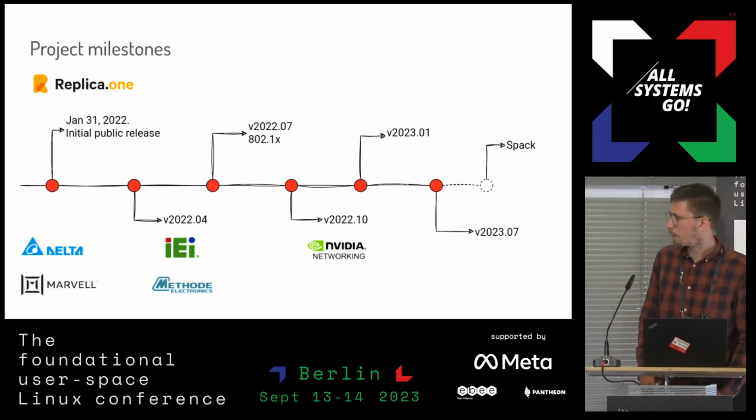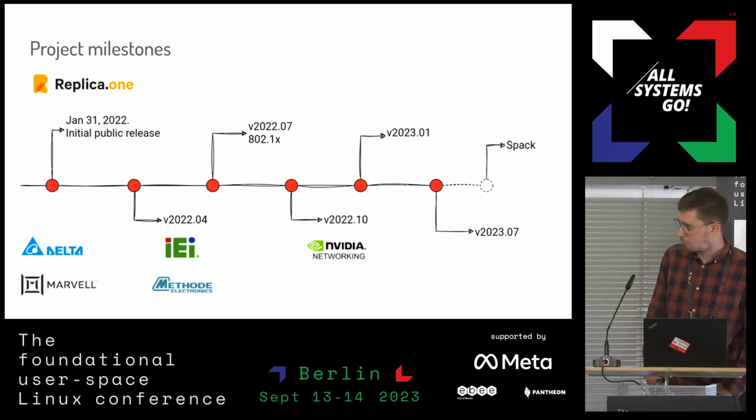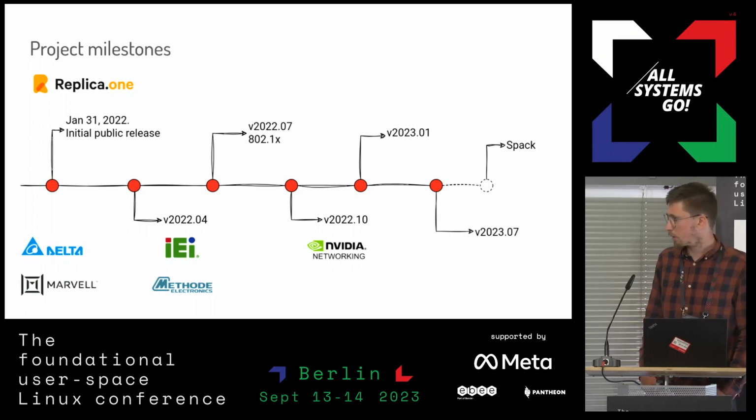As part of this work, we've done a lot of upstreaming. For example, board support code for the Delta platform has been pushed upstream. We did some work on the DHCP leases in systemd-networkd.